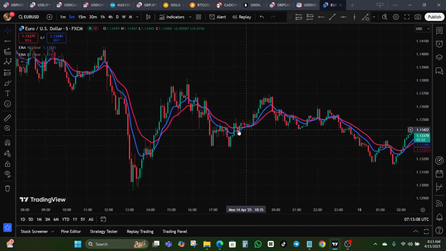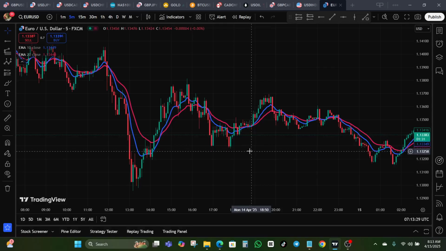The 10-20 EMA crossover strategy is quite straightforward. The 10 EMA and 20 EMA are short-term indicators. They're perfect for identifying momentum and short to medium-term trend shifts.